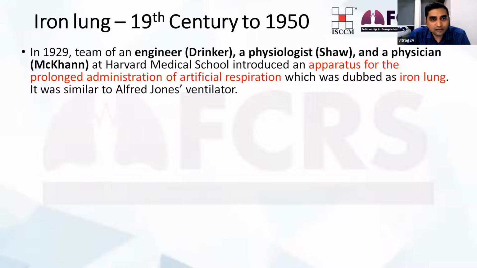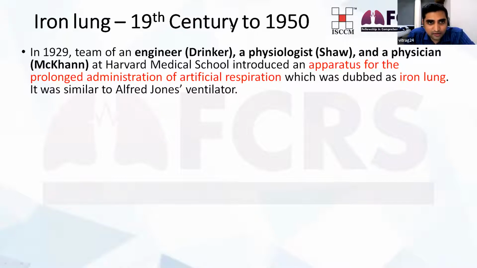Thereafter, the actual iron lung was invented, with further discoveries between the 19th century and 1950. At Harvard Medical School, there was a team of an engineer, a physiologist, and a physician: the engineer was Drinker, the physiologist was Shaw, and the physician McCann.